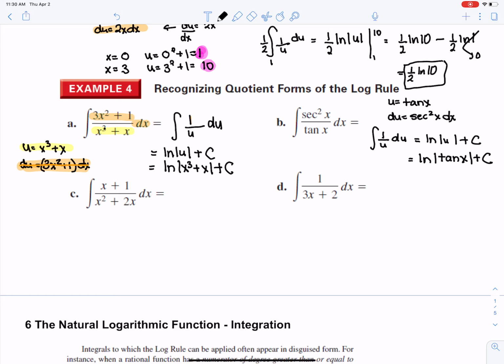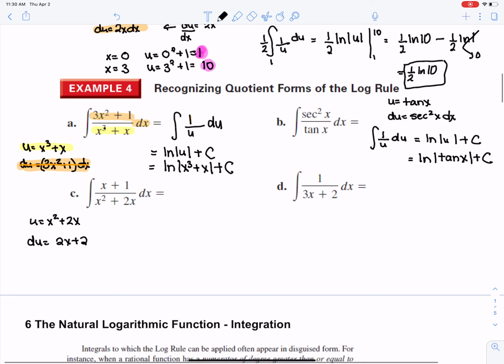Now this one, we have extra stuff happening. If u is equal to x squared plus 2x, my derivative term would be 2x plus 2, and you're noticing that I'm missing a 2 on this entire numerator, or you can look at it as 2 bracket x plus 1, so I'm missing that extra 2 out front, so I'm going to introduce the 2 on the top and the bottom.